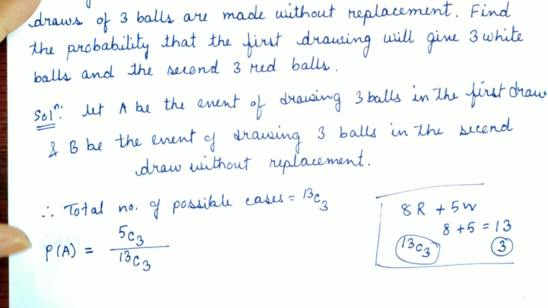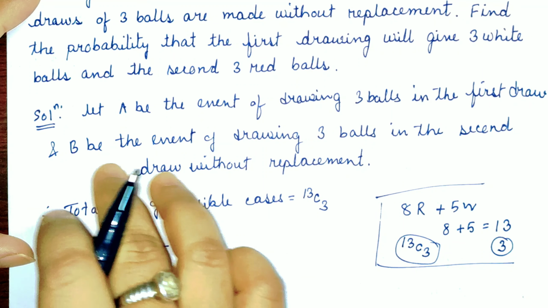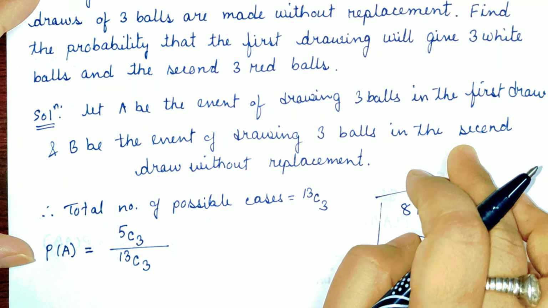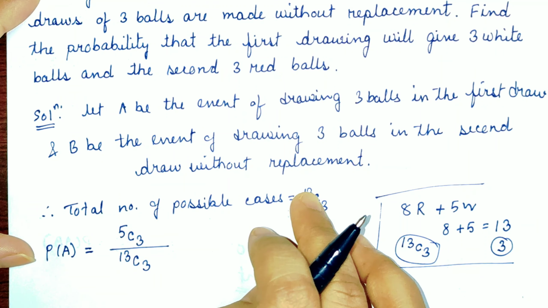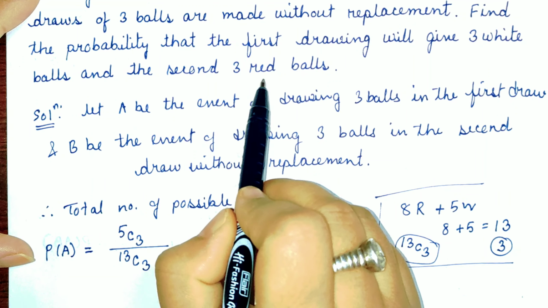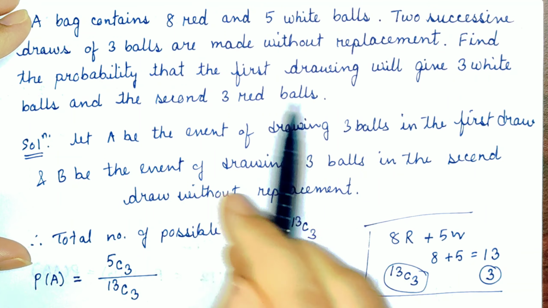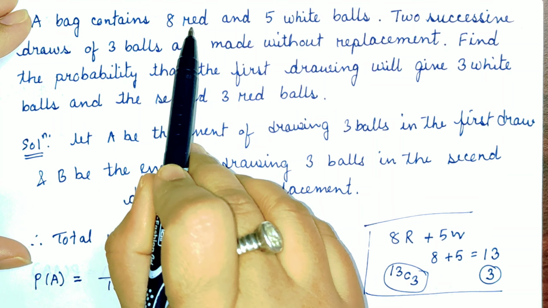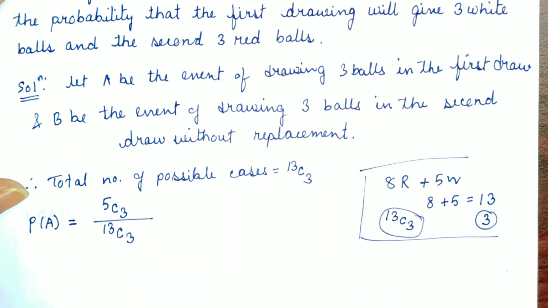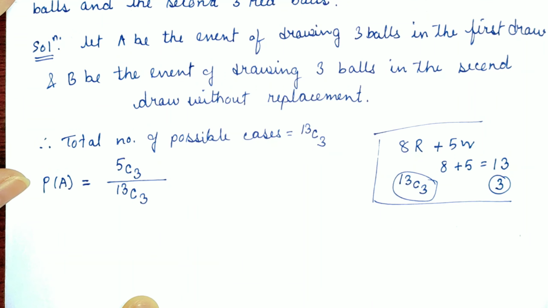Now B is the event of drawing 3 balls in the second draw without replacement. In the second draw, we need 3 red balls, and 8 red balls are in the bag. Here the total number of possible cases will change.